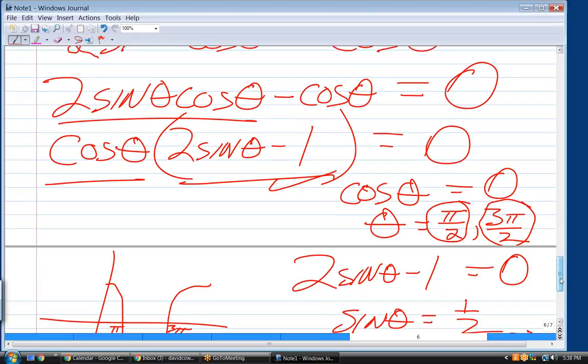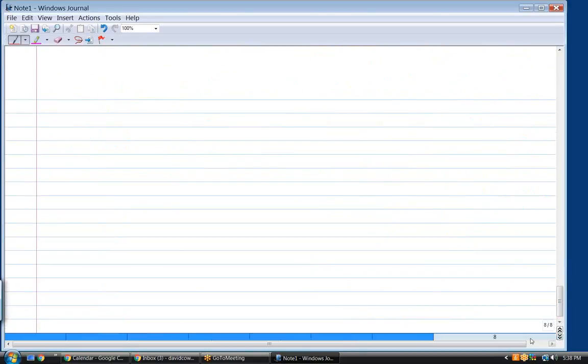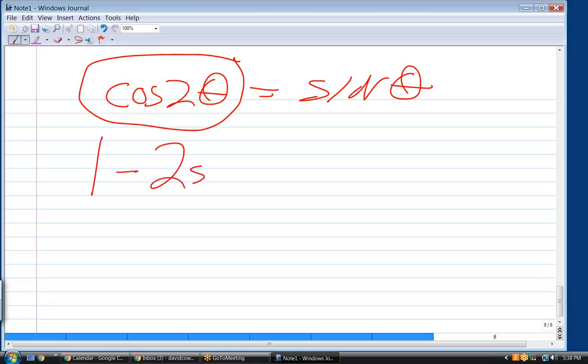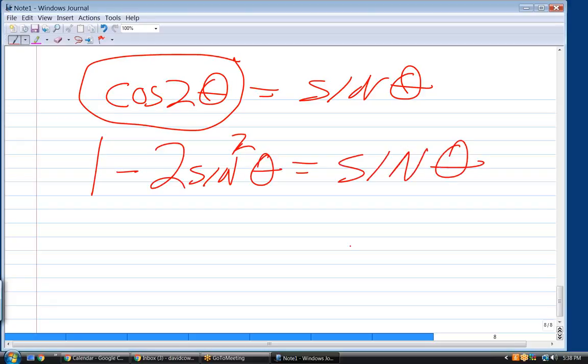But let me give you another example of what I'm referring to here. If I had the cosine of 2 theta equals the sine of theta, now remember I've got 3 identities for that. If I choose the one that is only sine, now I have an equation that's actually a quadratic in sine.